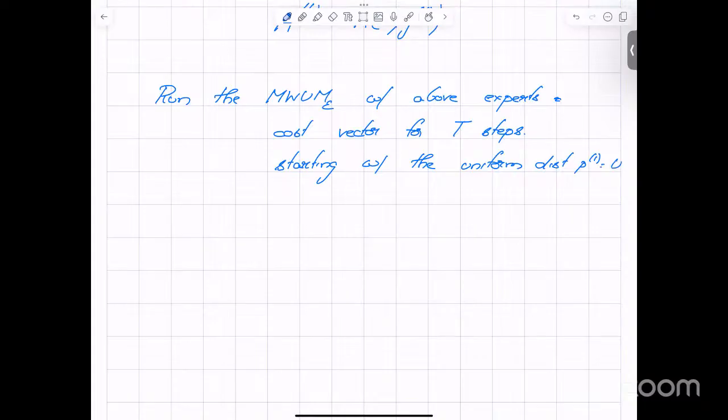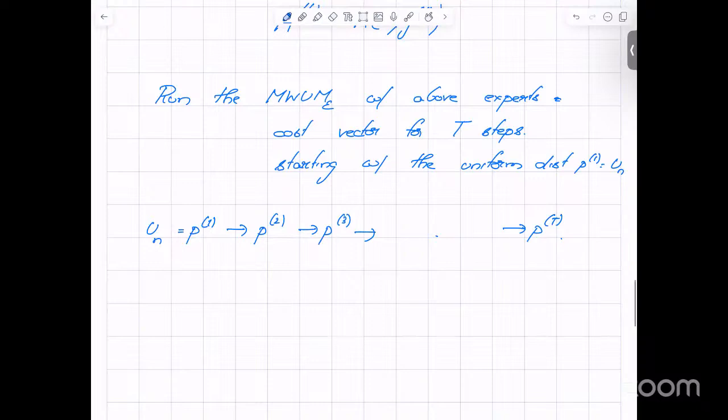It goes to a sequence of P's: P_2, P_3, and so on up to P_T.